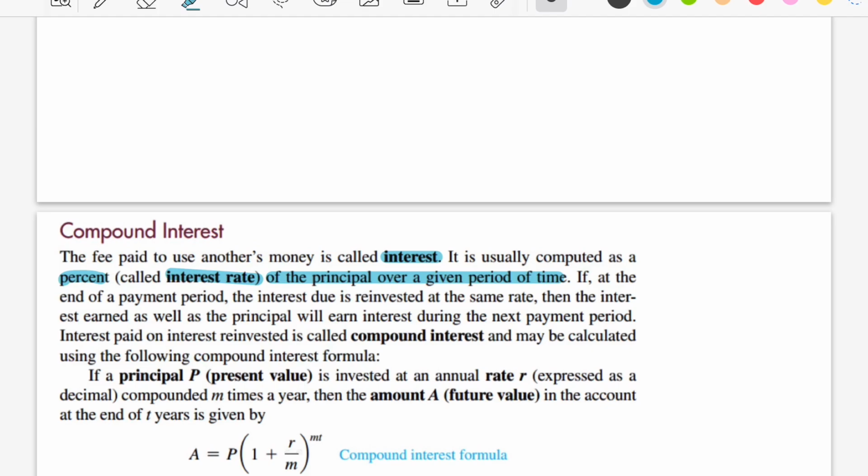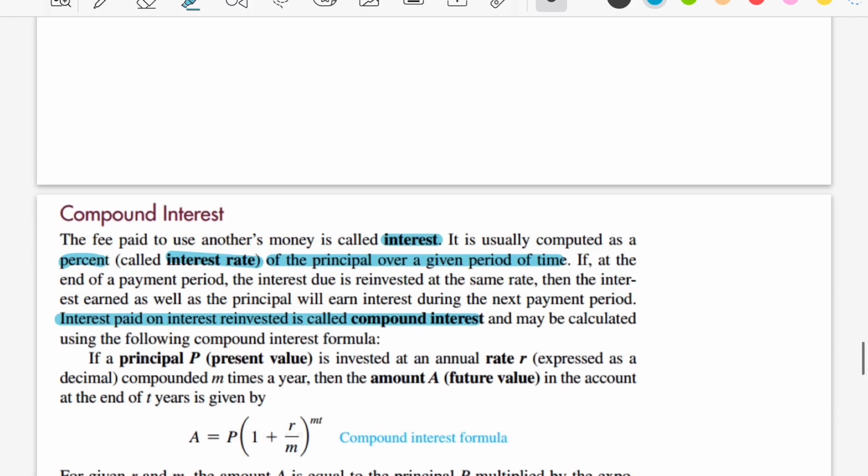And if at the end of a payment period, the interest due is reinvested at the same rate, then the interest earned as well as the principal will earn interest during the next payment period. And so the interest paid on interest reinvested is called our compound interest, and it can be calculated using the following formula.